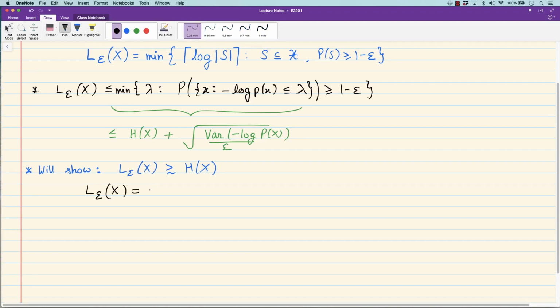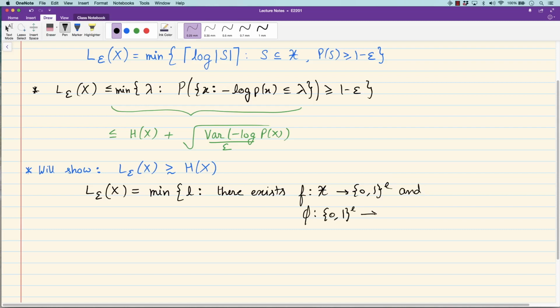So we claim that L epsilon x is actually the minimum over all L such that there exist mappings f from x to L bits and a mapping phi from L bits to x. So this is roughly the inverse of f, which you apply to recover x, such that the probability that x is equal to phi of f of x is greater than or equal to 1 minus epsilon.